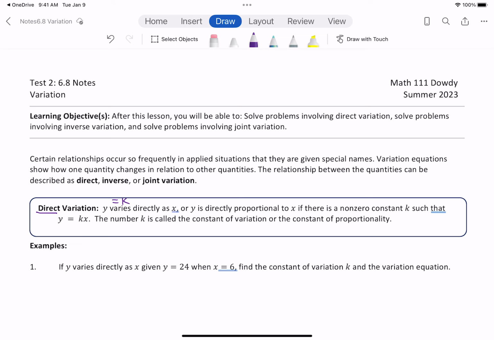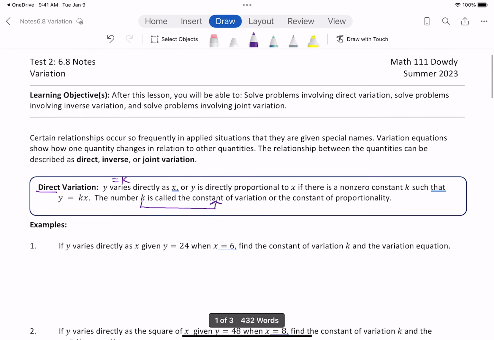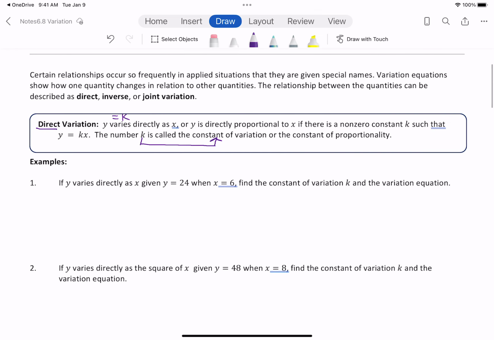So for direct variation, our equation is going to be in the form y equals kx, where k is the constant of variation, or the constant of proportionality, and y and x are the things that are related.